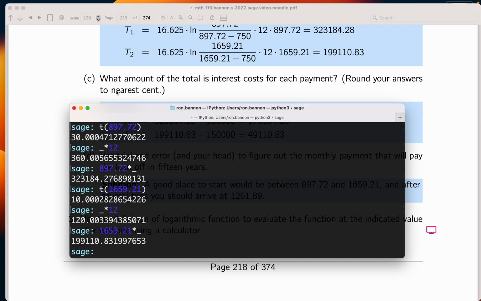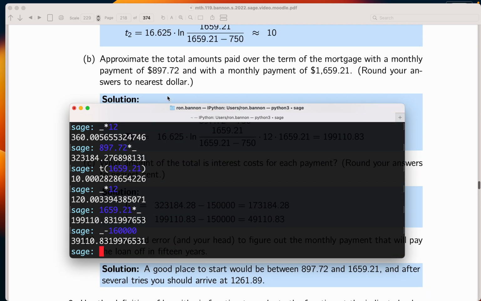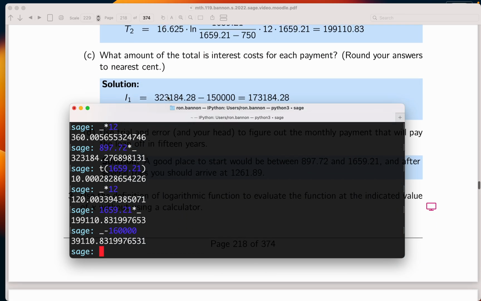So it's going to be this number here minus $160,000. So that's going to be the total amount of interest paid. Let's take a look. And I think I made a mistake somewhere. Oh, I'm sorry. It was 150,000. I don't know why I said 160. Let me go back. Yes, 150. Sorry about that. So let's do that again. And let me take this number here.